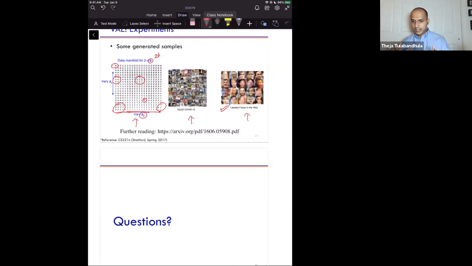And then we looked at the architecture of the variational autoencoder. We saw where exactly the mean and variance are getting predicted, both at the encoder level as well as the decoder level. And then we figured out, okay, we have endowed the architecture with this mean and variance prediction part. But how do we train it? How do we train the parameters of the encoder and decoder? We did it in a principled way.